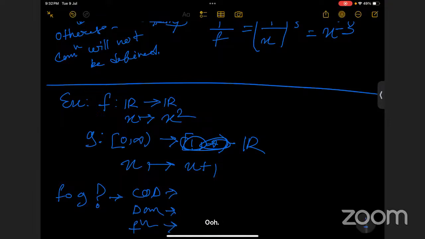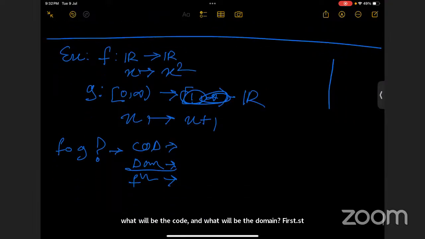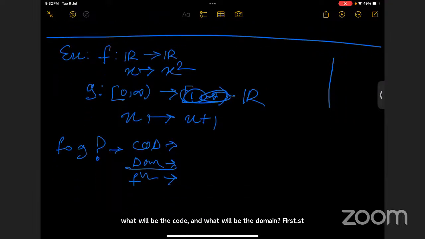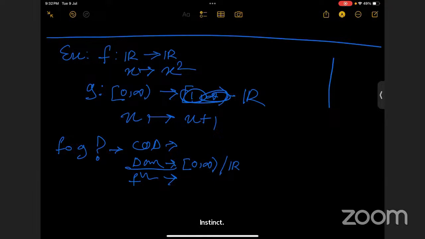One by one. So what will be the domain first? 0 to infinity. Someone said R. Is it R?